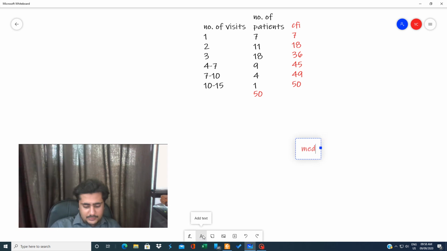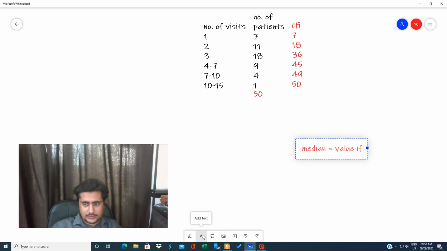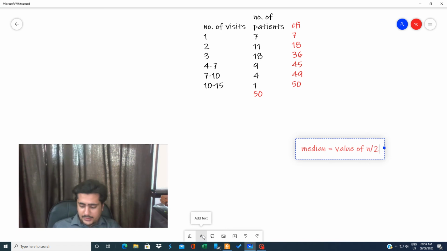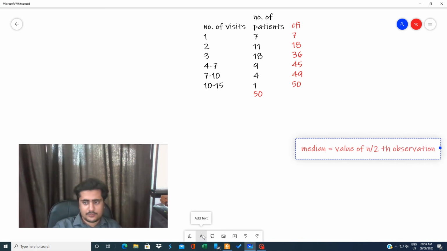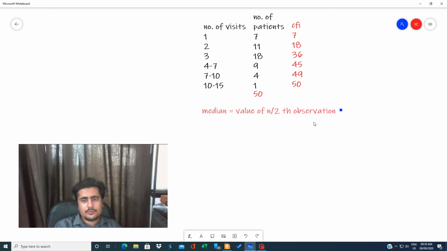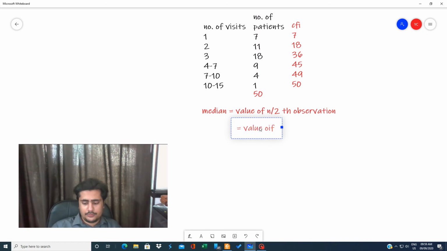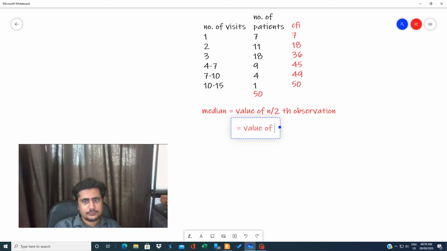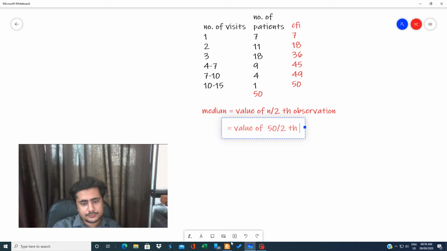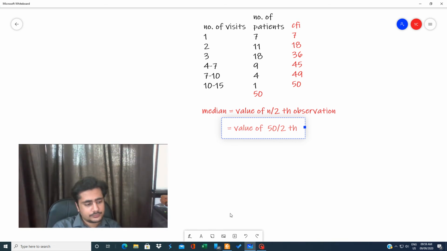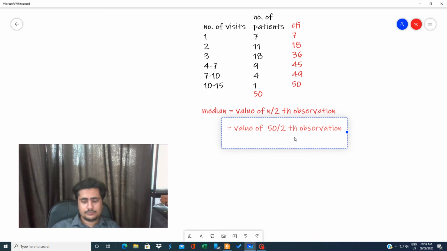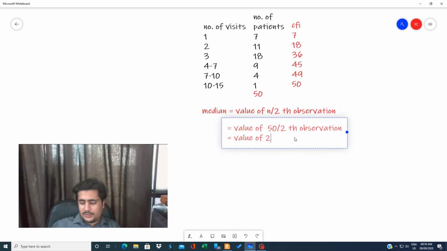Median is the value of the n upon 2 observation, which is 50 upon 2, the 25th observation.